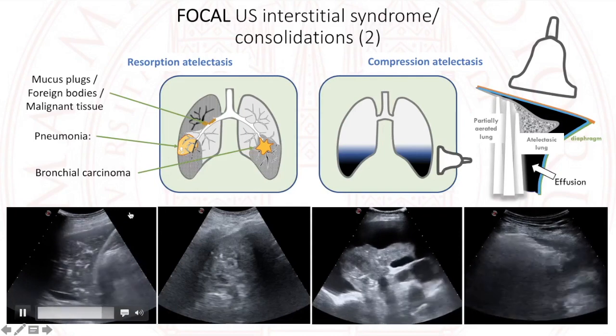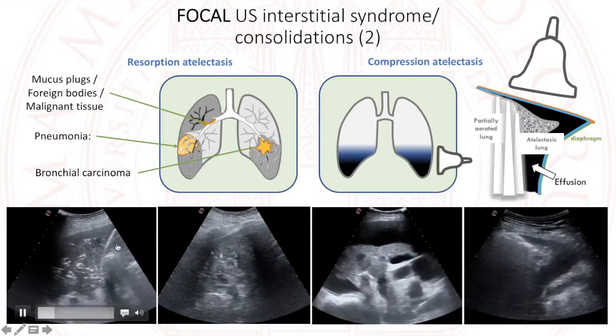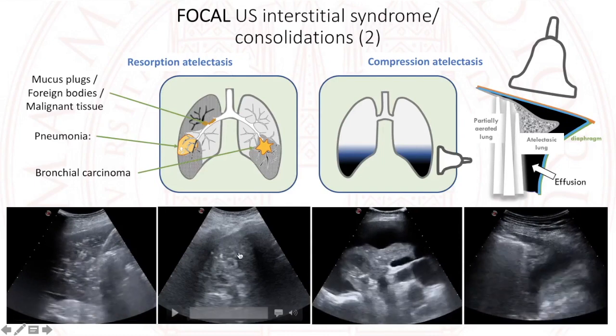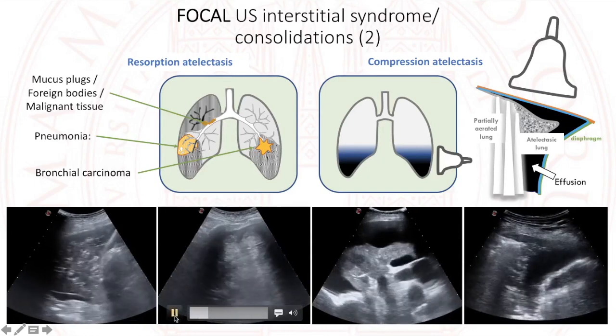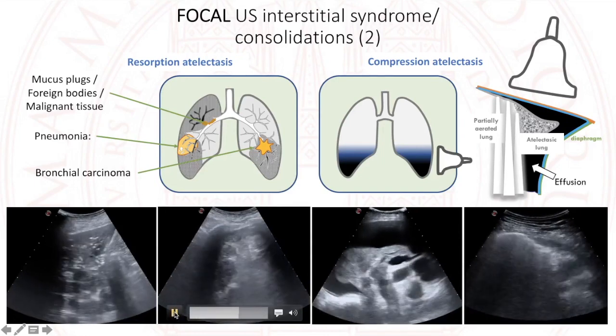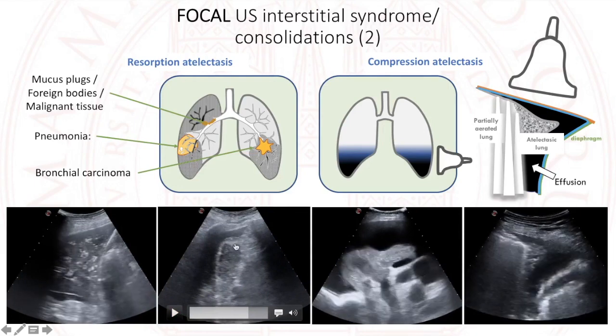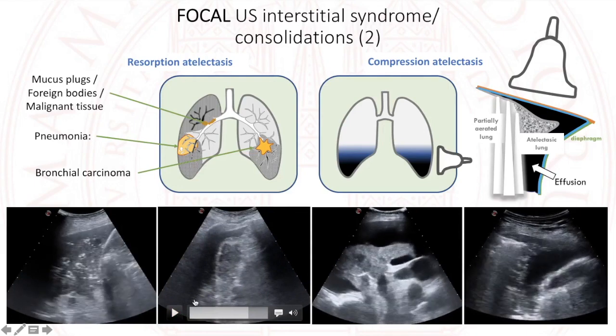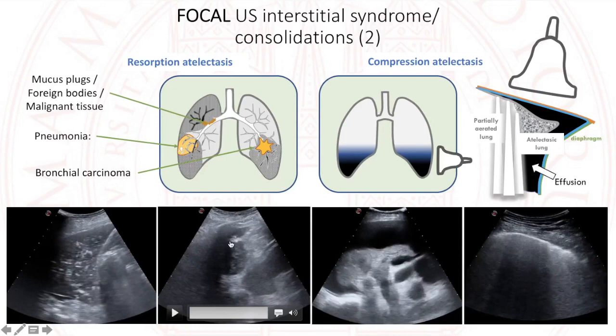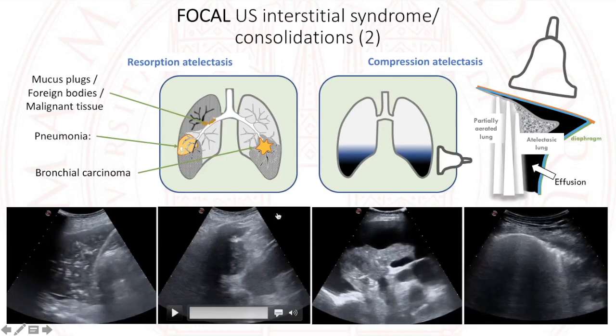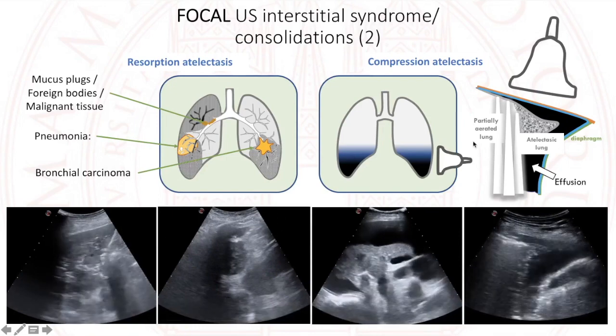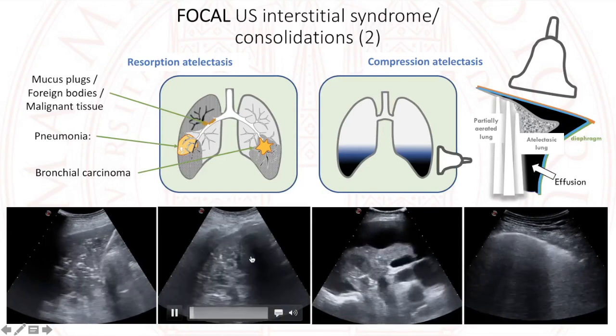Some examples of what we have in the end. This is a total atelectasic lung. Sometimes we could also tell the cause of this happening, such as in this case where we see a malignant node appearing, surfacing the atelectasic lung. So we could even suspect a malignancy.